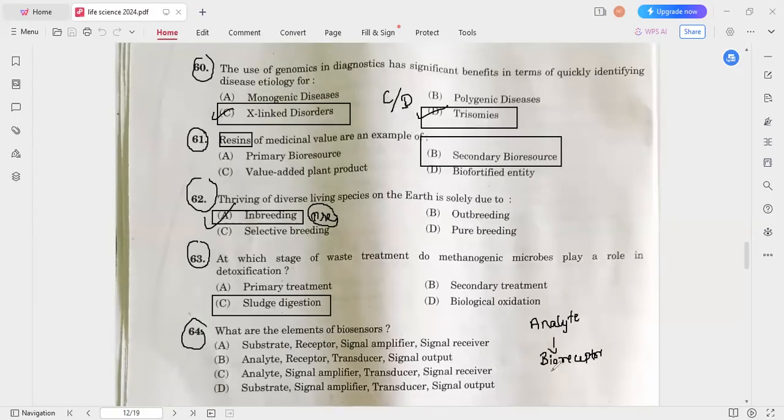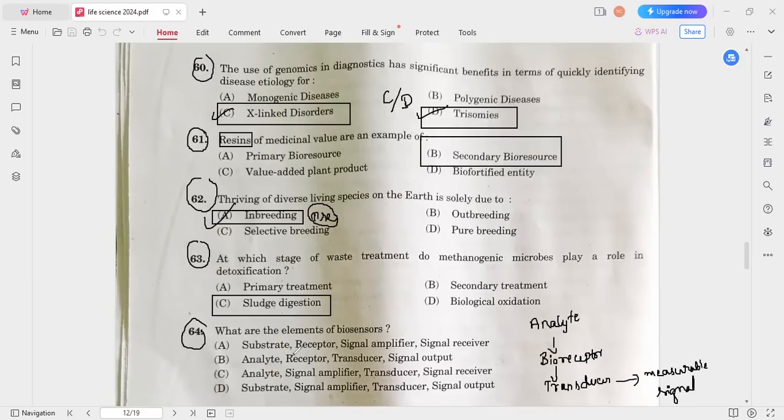So after this, bioreceptor, transducer. So at last, after the transducer, it has to measure the signal, that is a measurable signal.